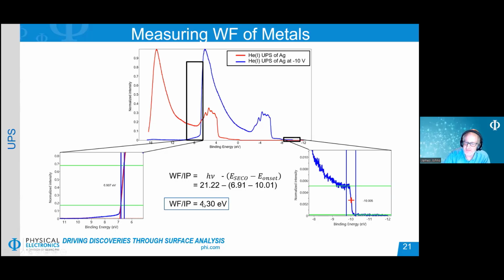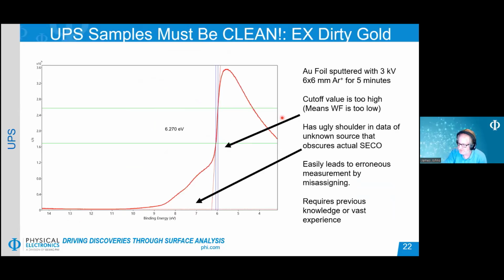So we can get that ionization potential just by subtracting the spread between the cutoff and the onset of our UPS spectrum. And that's all we need to do to get the ionization potential.